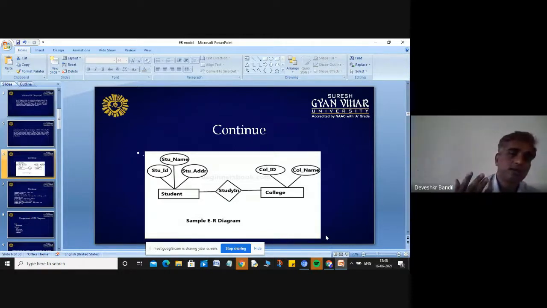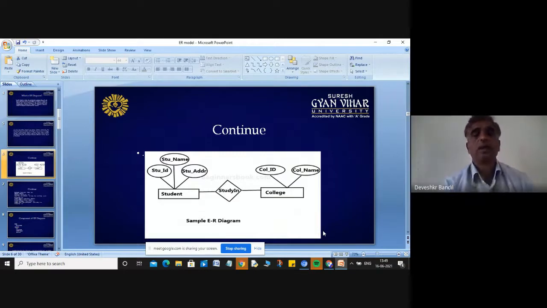Student having some attributes, and college having two attributes, college ID and college name. Student ID, student name, and student address are all the attributes of your student, and college entity attributes are college ID and college name.